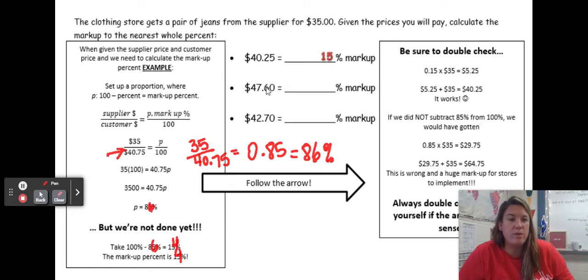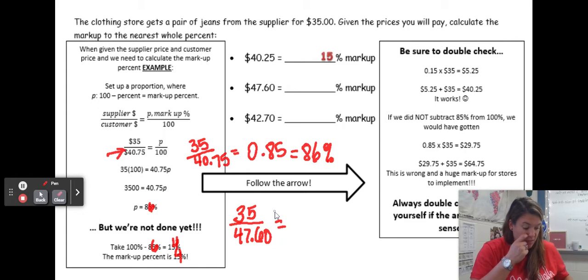Okay, so let's try that with the $47.60. So two ways. So the first way is $47.60 is how much you pay, but they bought it for $35. So if we divide those two, so 35 divided by $47.60 is 0.735.